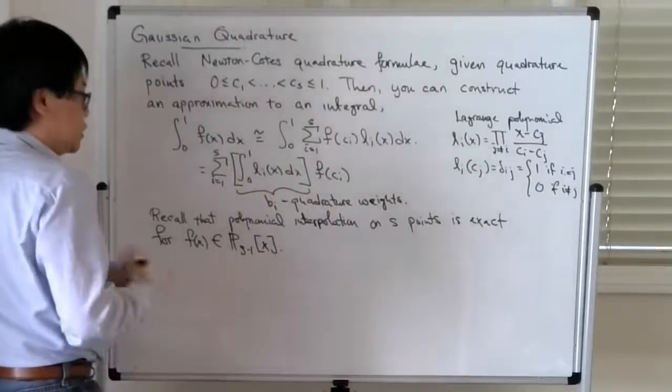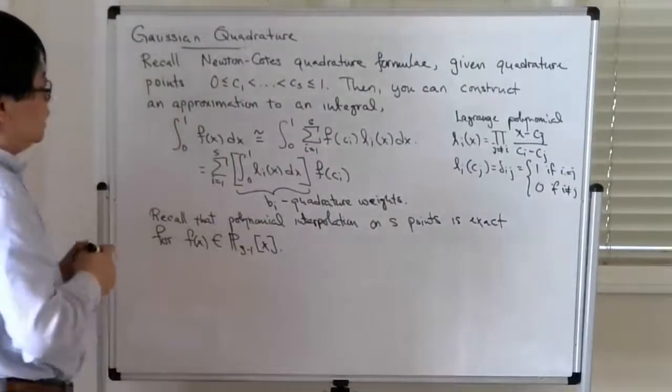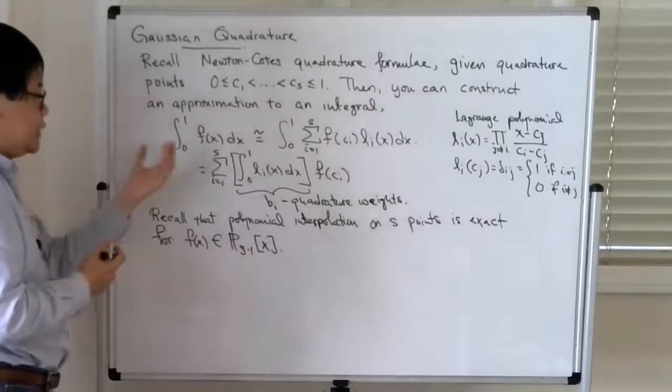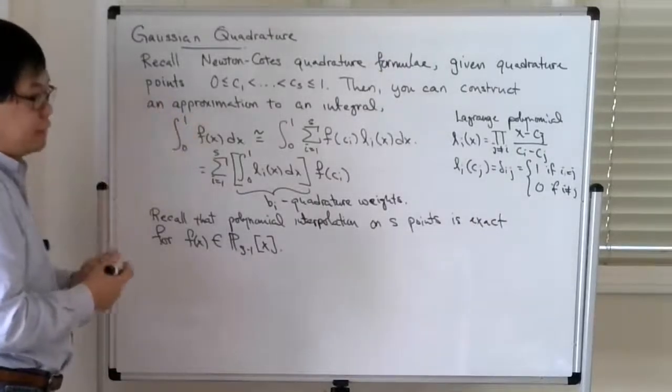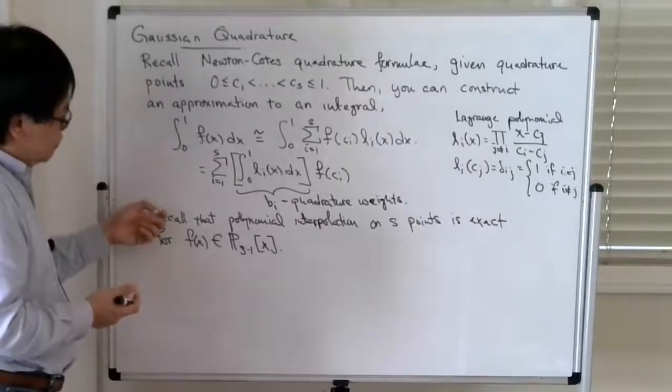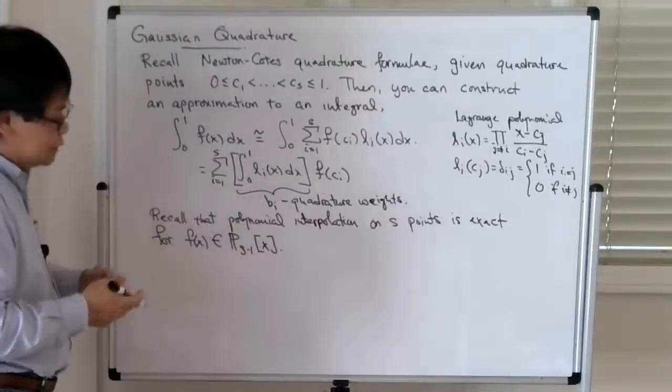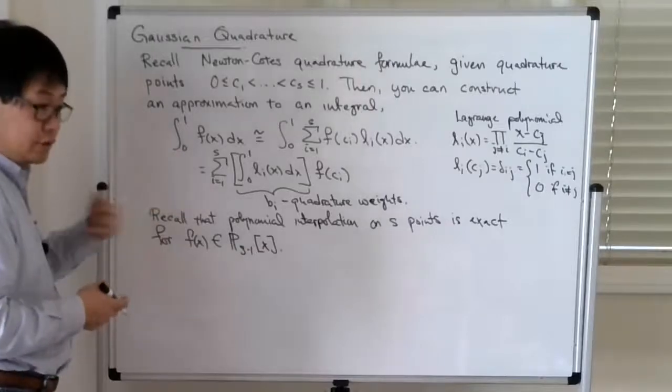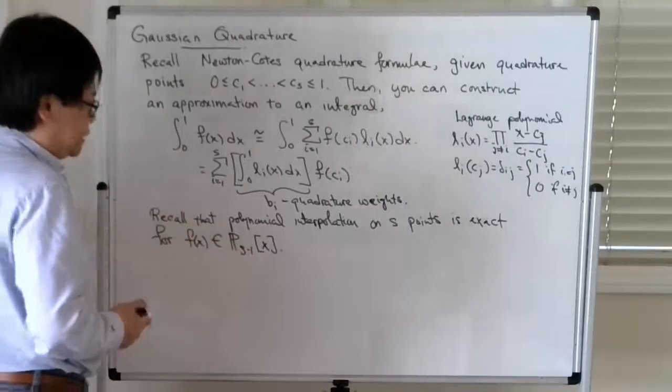And since this Newton-Cotes formula is obtained by taking the integral of f and replacing it by the integral of its polynomial interpolant, if the polynomial interpolation is exact, that means the Newton-Cotes formula is exact for this space of functions as well.